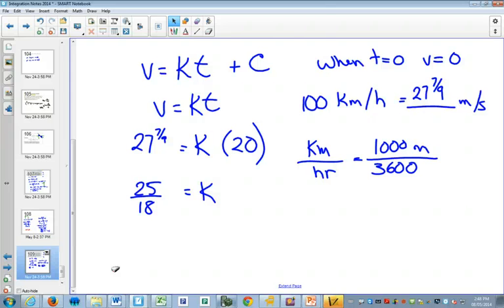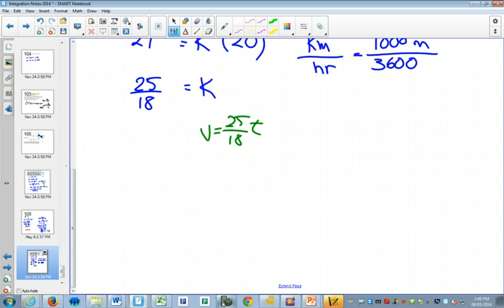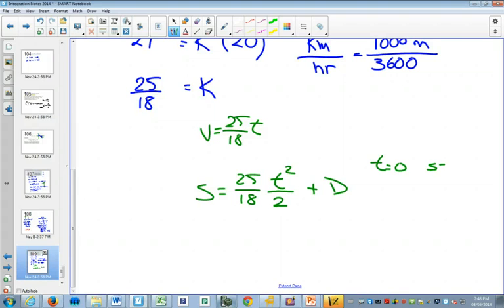Now we know that our velocity formula is 25 over 18 t. We want to find out how far he's gone in 20 seconds. So we can integrate again. This will be t squared over 2 plus d. When time is 0, how far is your car gone? 0.